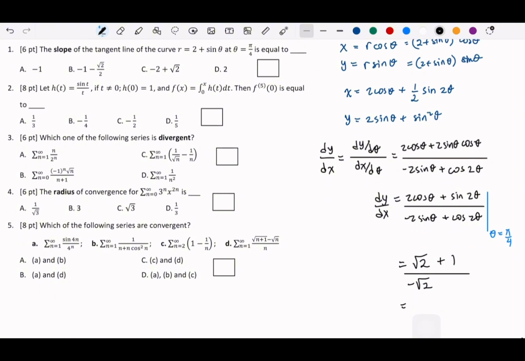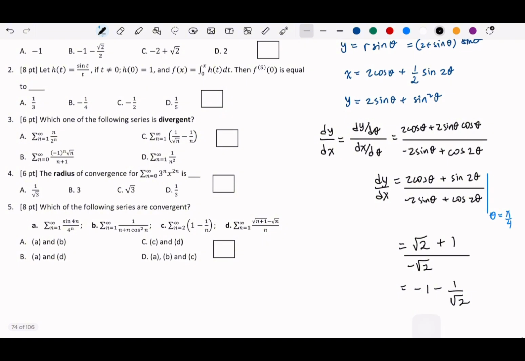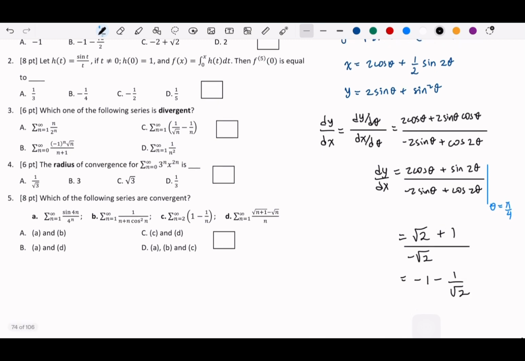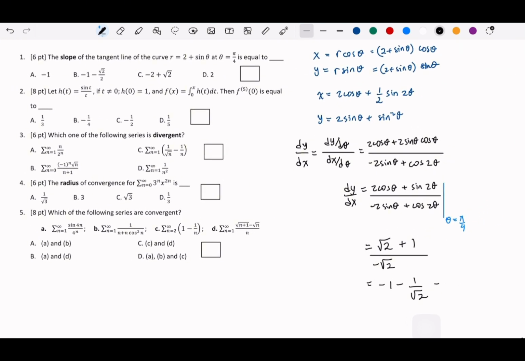This gives you negative 1, negative, or we can rationalize and make it into that form.